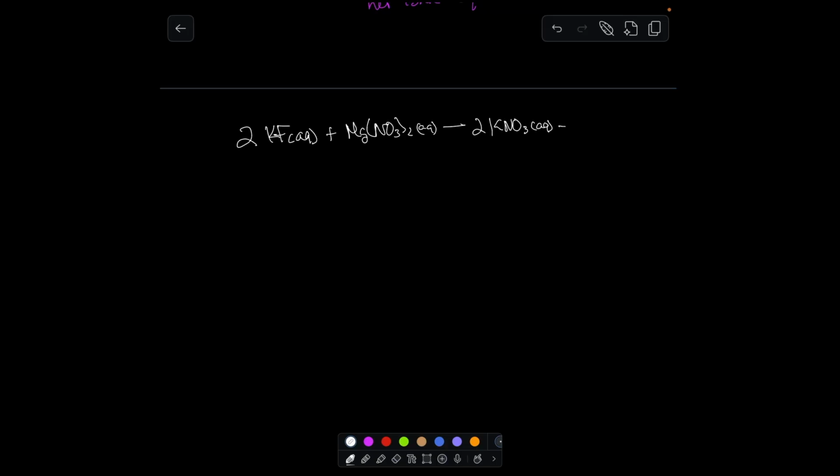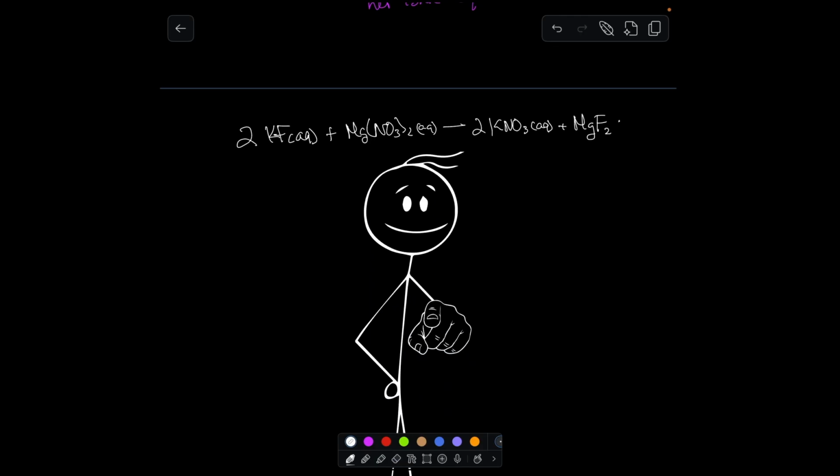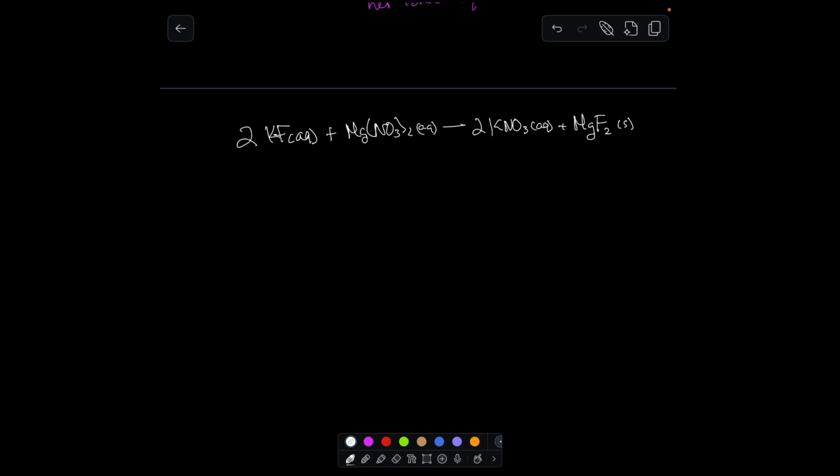Aqueous just means it dissolves in solution, right? It's soluble. Versus magnesium fluoride, which is solid. S is not for soluble here, it's for solid. It means it's insoluble, right? It doesn't break apart in solution.